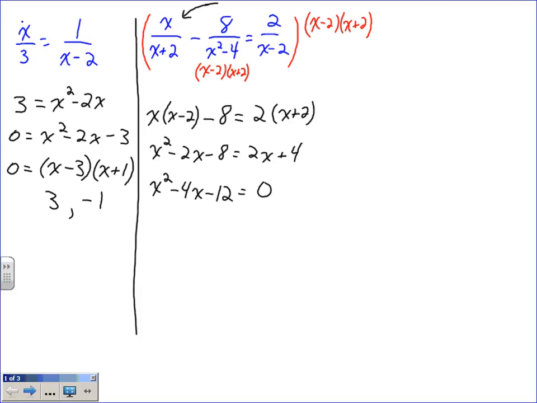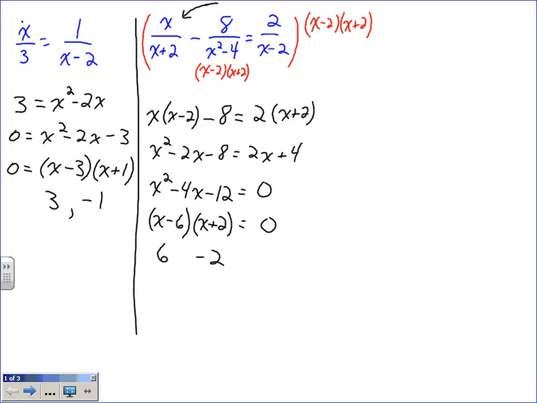And that's a fairly simple equation to factor. If it doesn't factor, we need to use the quadratic formula. But this does factor. It is x minus 6, x plus 2. And so my solution here is 6 and negative 2. All right?